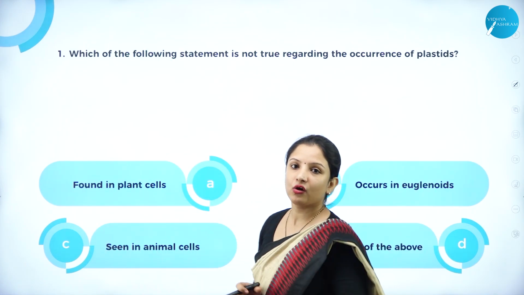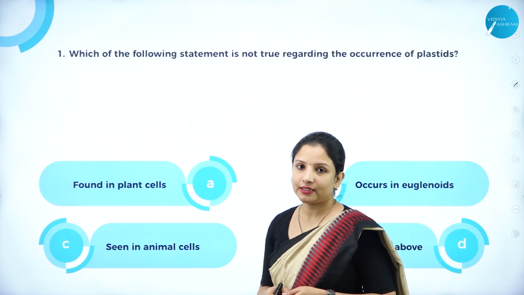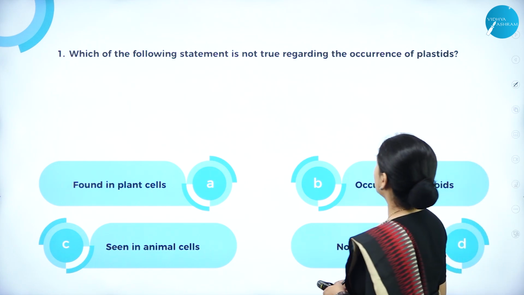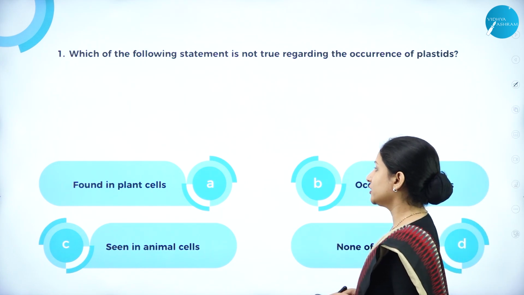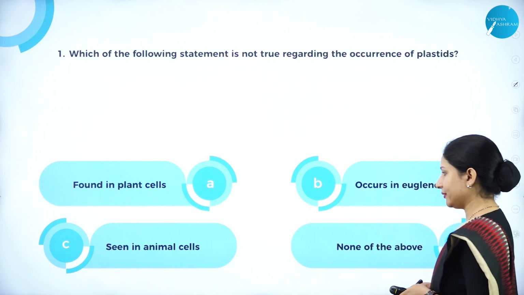So now we have an idea of the structure and the components present in the chloroplast. Let's move on to learning the MCQs. Which of the following statements is not true regarding the occurrence of plastids? Found in plant cells, occurs in euglenoid, seen in animal cells, none of the above.